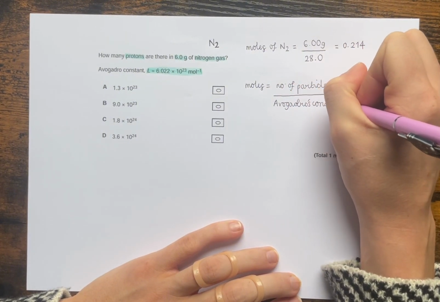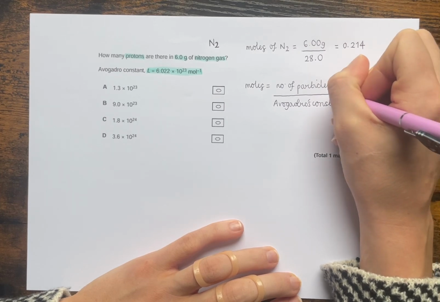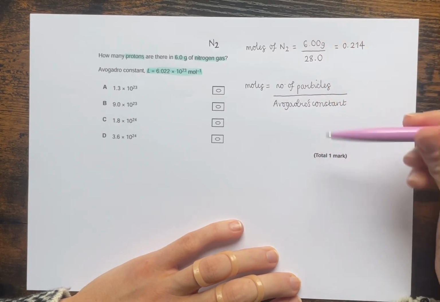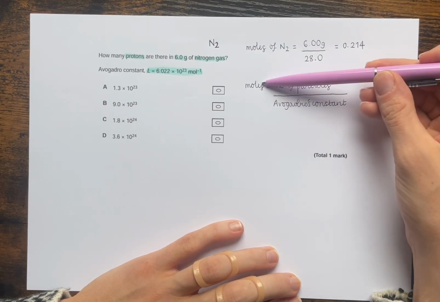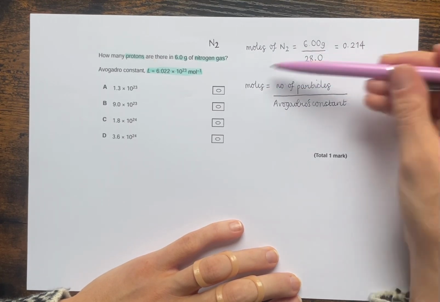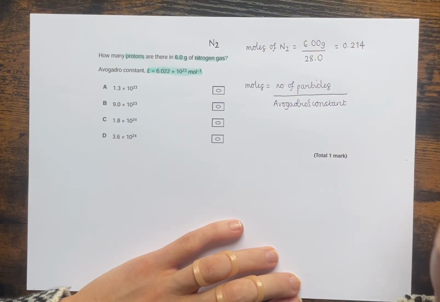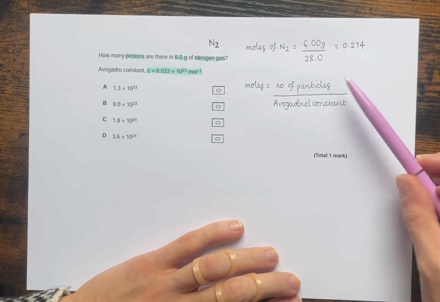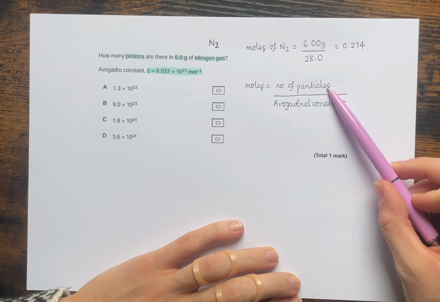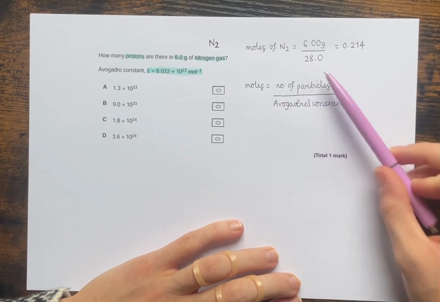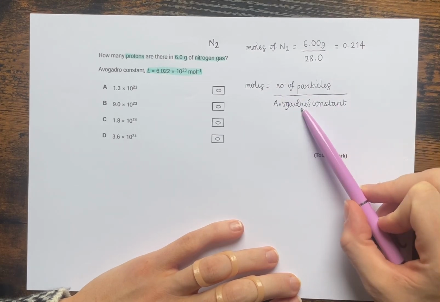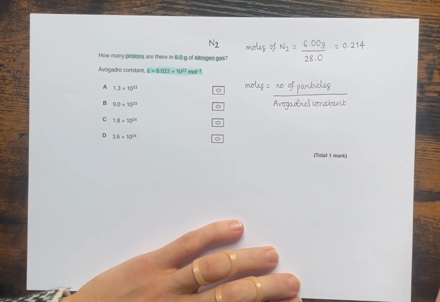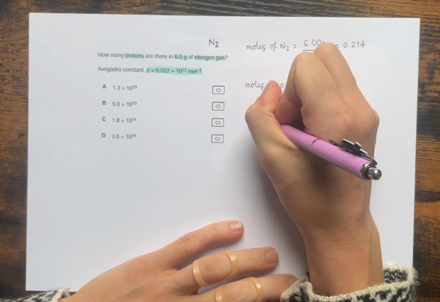Now, Avogadro's constant is the number of particles within 1 mole. So if the number of particles we had was the same as Avogadro's constant, we'd get 1 mole here, which is a nice way just to check that you've got your equation written out the right way. So if I therefore want to work out the number of particles, I would rearrange this and do moles, which we have, times by Avogadro's constant, which we have. So that would be my next step.